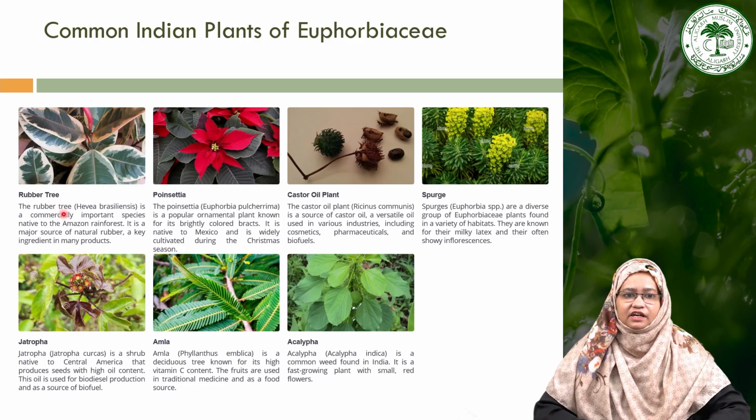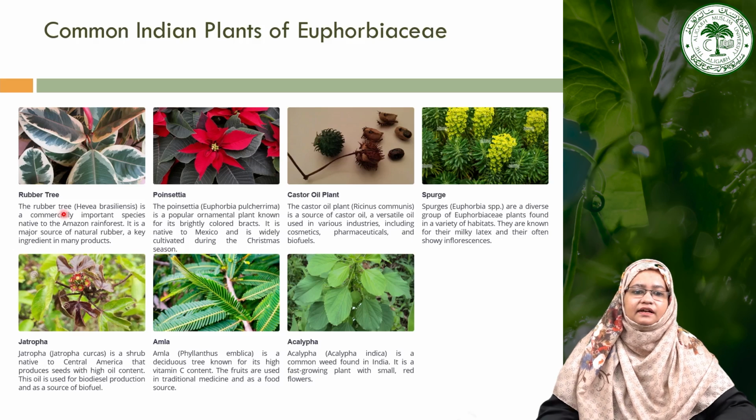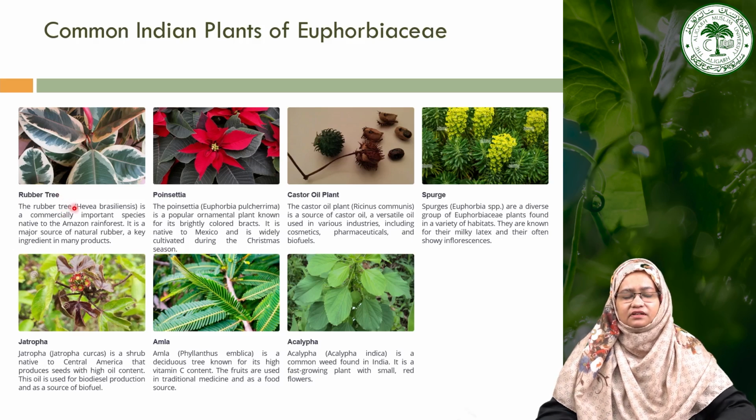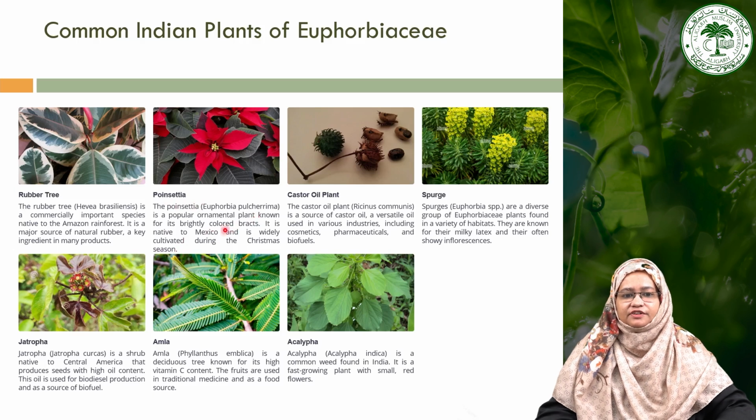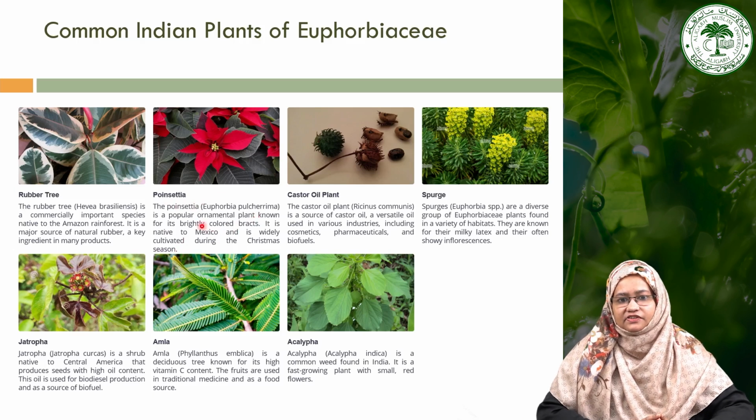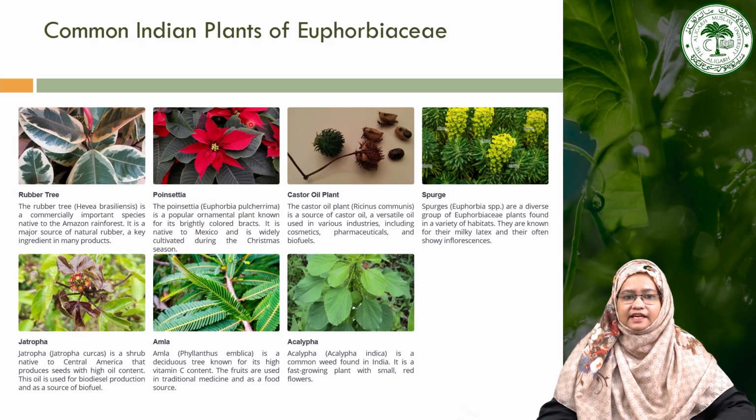Now moving towards the common plants which occur in India of the Euphorbiaceae family. One of the most common plants is the rubber tree, Hevea brasiliensis, which is native to the Amazon rainforest. Then Euphorbia pulcherrima, which is also called the poinsettia, in Hindi known as the lal patta.